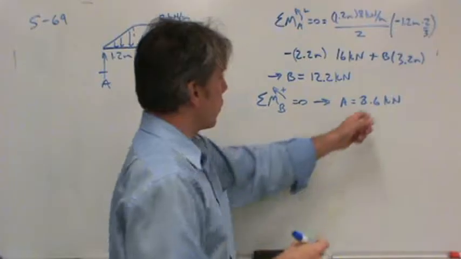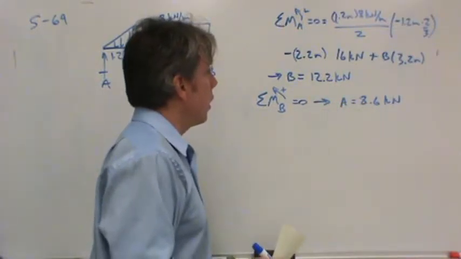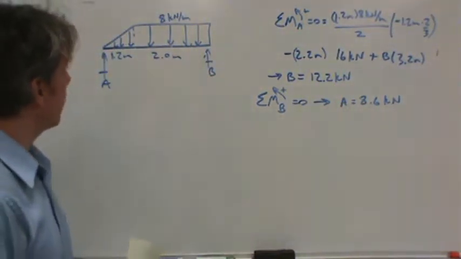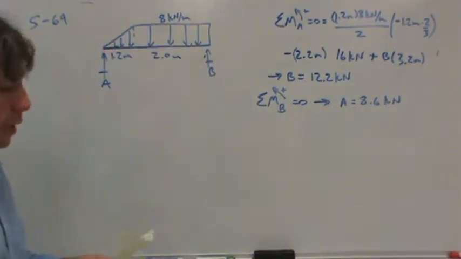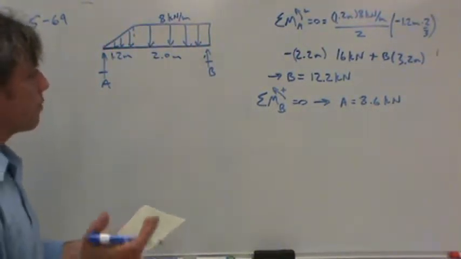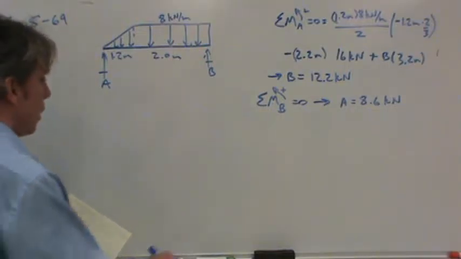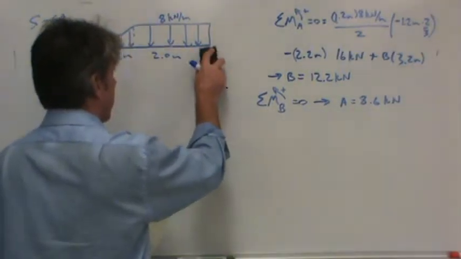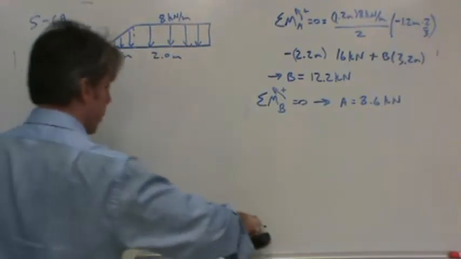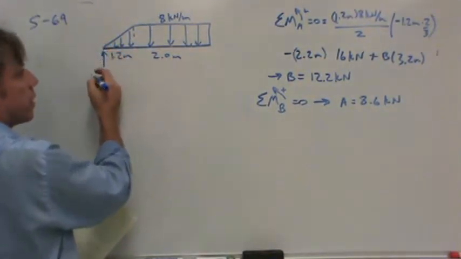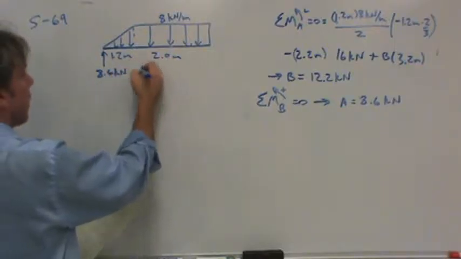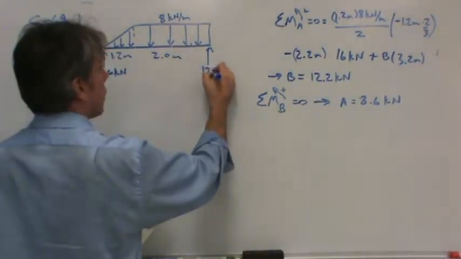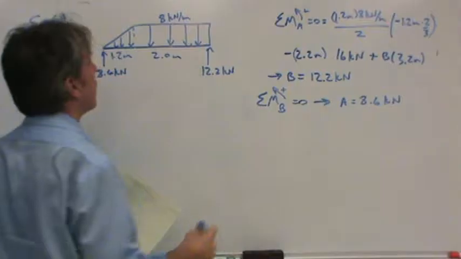If you add the 8.6 to 12.2, well, then you get what? 20.8 kilonewtons. And if you add up all of this distributed load, it's 20.8 kilonewtons as well. So the summing forces give you 0. So let me replace these with the magnitudes of their loads, 8.6 kilonewtons and 12.2 kilonewtons. Okay?